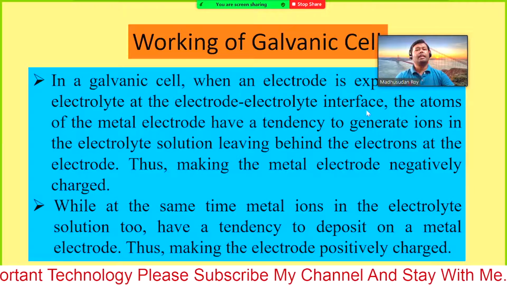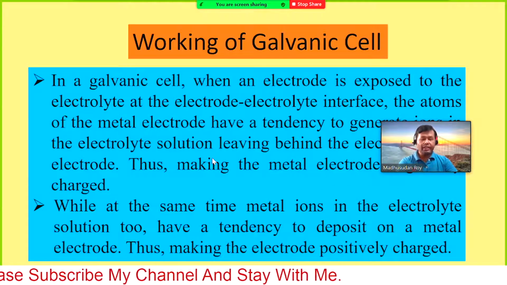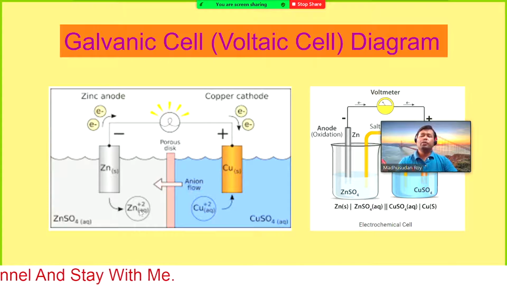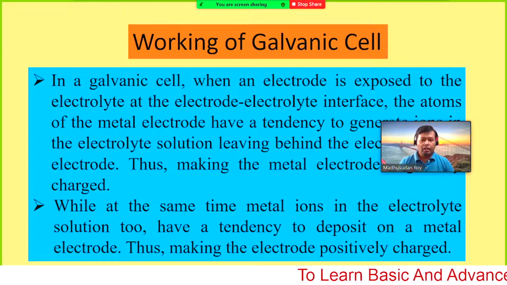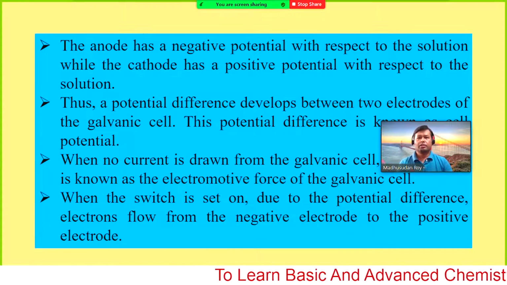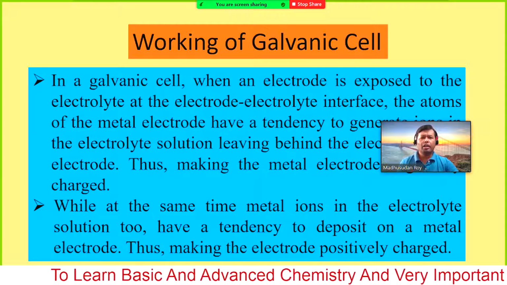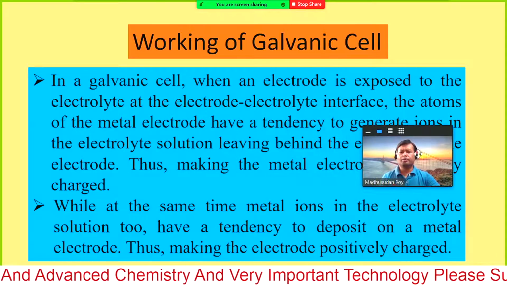Working of a galvanic cell: how a galvanic cell works. I have already discussed from here. One thing you need to remember, later I will show you the reactivity series, or another term, electropositivity.